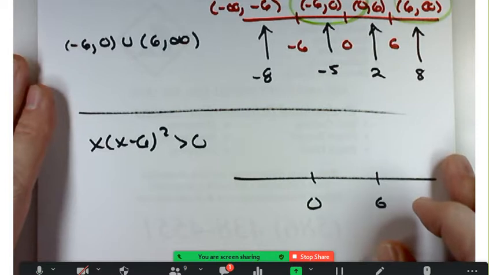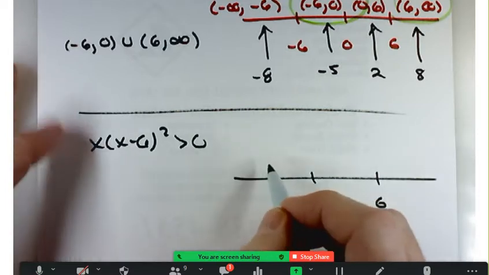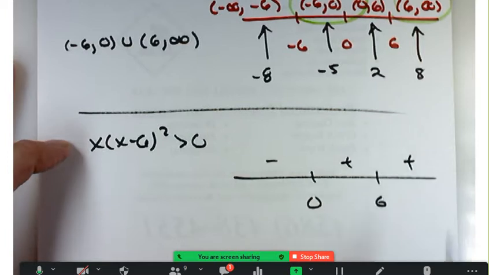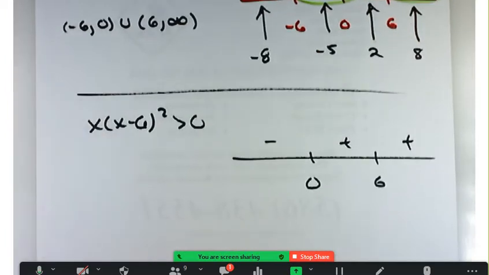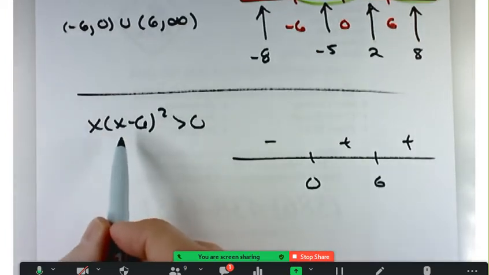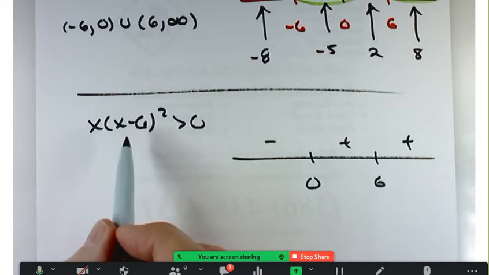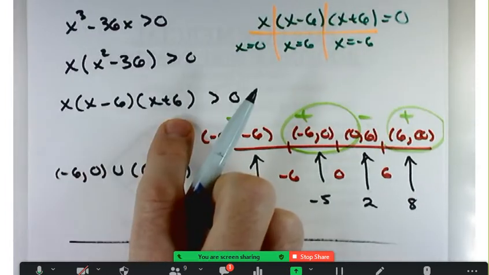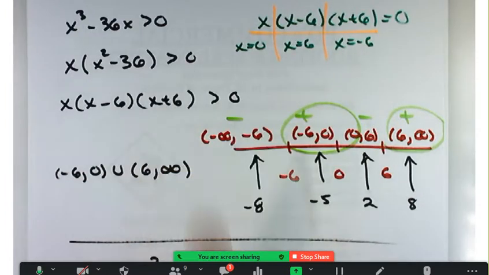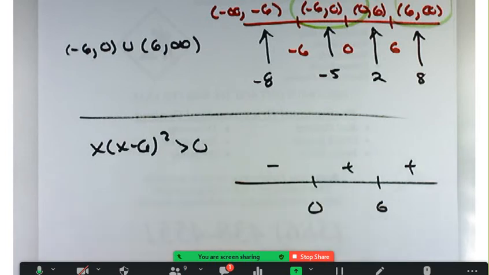And I think it's going to be negative, positive, positive if you did your test case there. And that's because this is a squared term, and when you square something, it's always going to be positive. So it doesn't change signs like you would have up here. So that's what's going on with that case, and you don't get the typical alternating pattern that you do in most of these types of problems. So, good question.